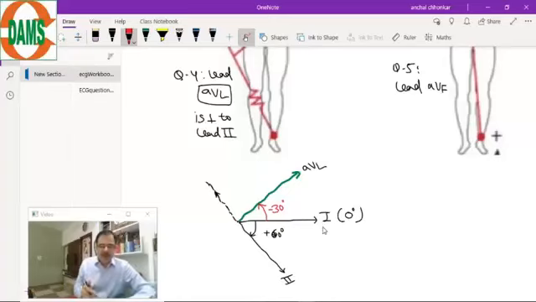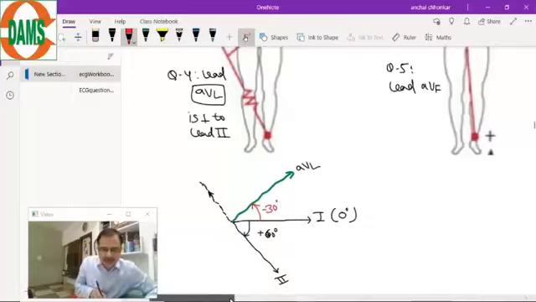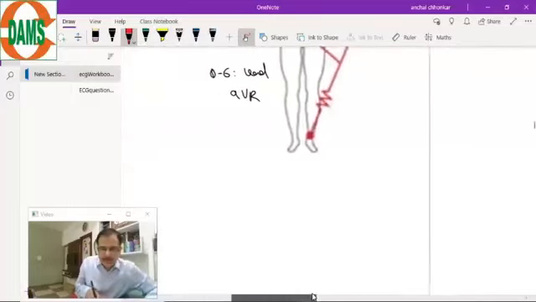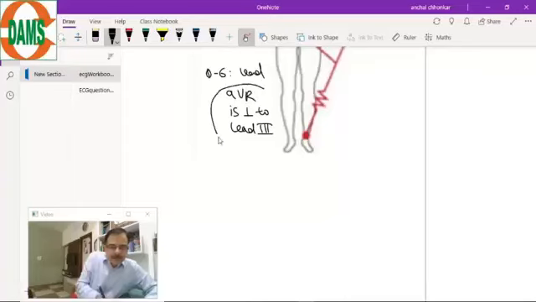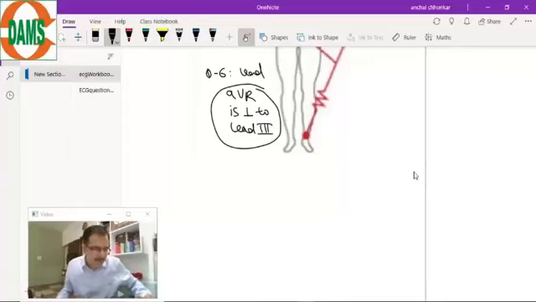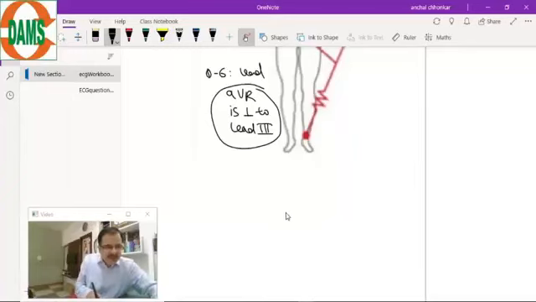Let's understand that also. The axis of the AVR. AVR is perpendicular to lead 3. Here is lead 1, 0 degree.